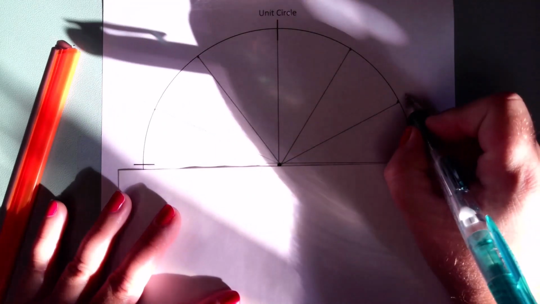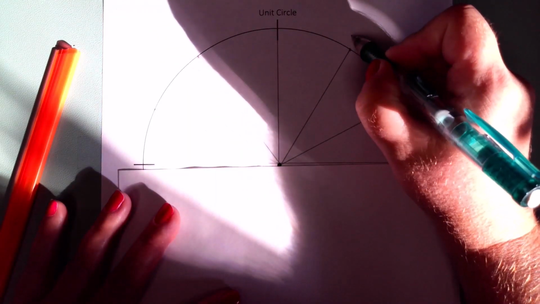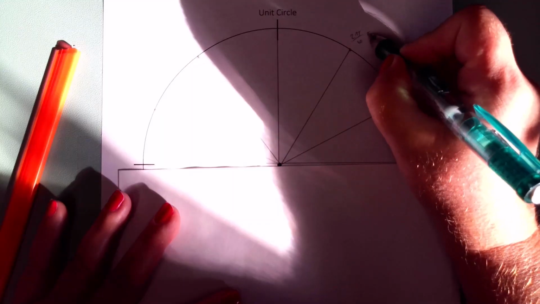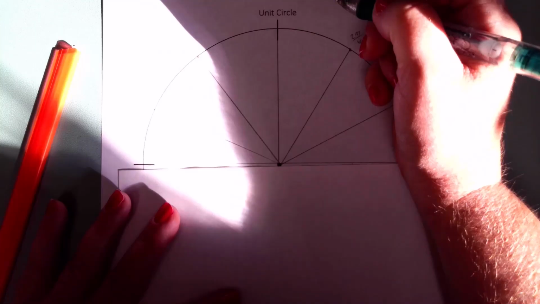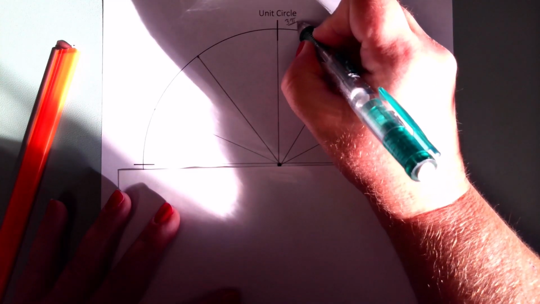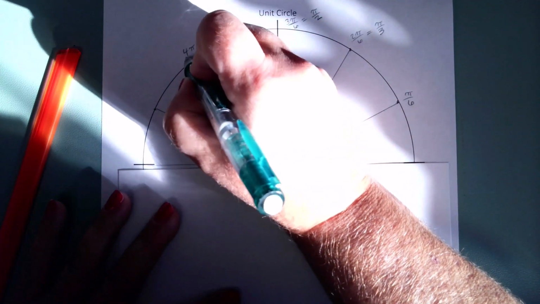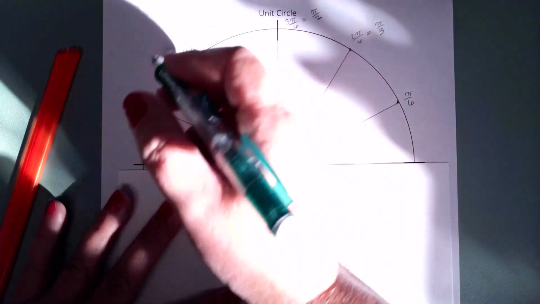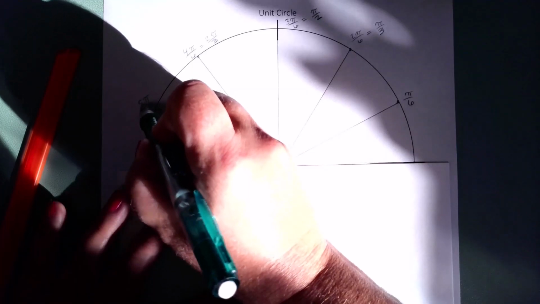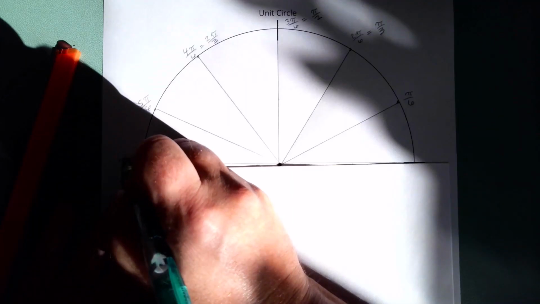So I have pi over 6, I have 2 pi over 6, which I know is pi over 3, I have 3 pi over 6, which I know is pi over 2, I have 4 pi over 6, which is 2 pi over 3, I have 5 pi over 6, and I have 6 pi over 6, which is pi.